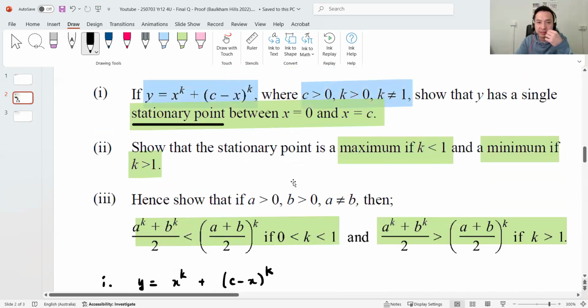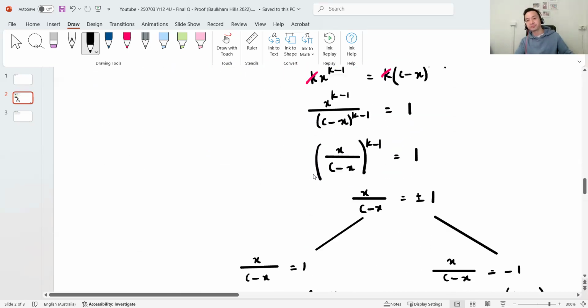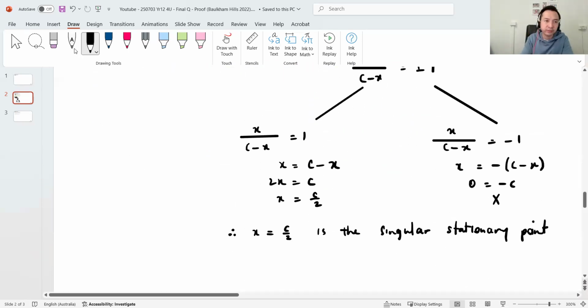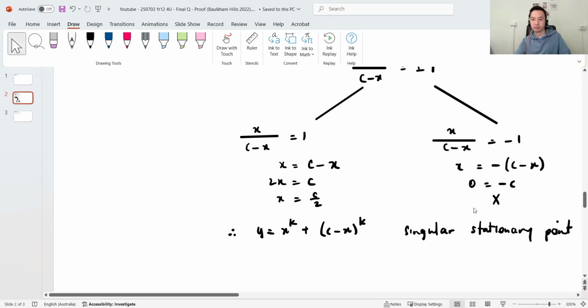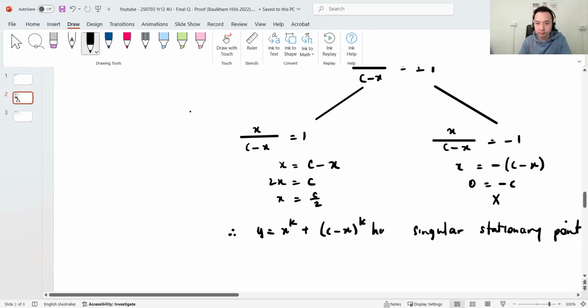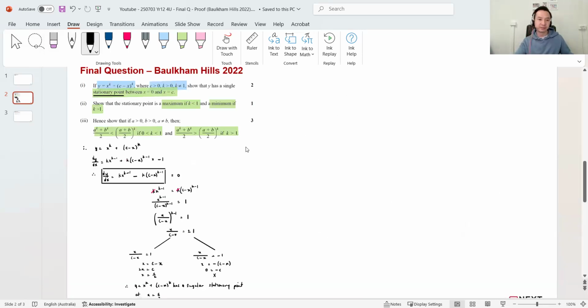So maybe I'll write that y equals x^k plus (c minus x)^k has a singular stationary point at x equals c on 2. That's more accurate. Okay, that wasn't too bad, right?